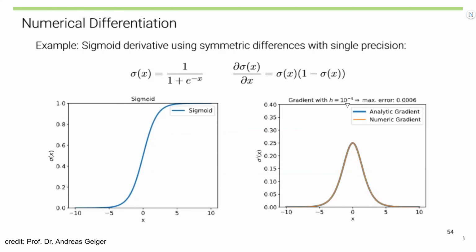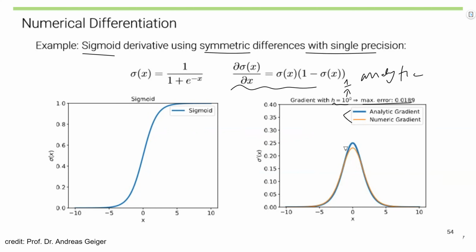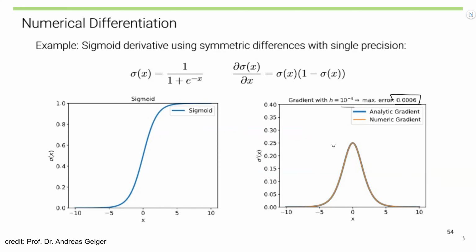And when we change the value to 10 to the power of minus 4, then the maximum error becomes this, very small, much smaller than the previous case, right? And here you can actually see the difference between the analytic gradient and the numeric gradient. However, in this case, the difference is barely noticeable.